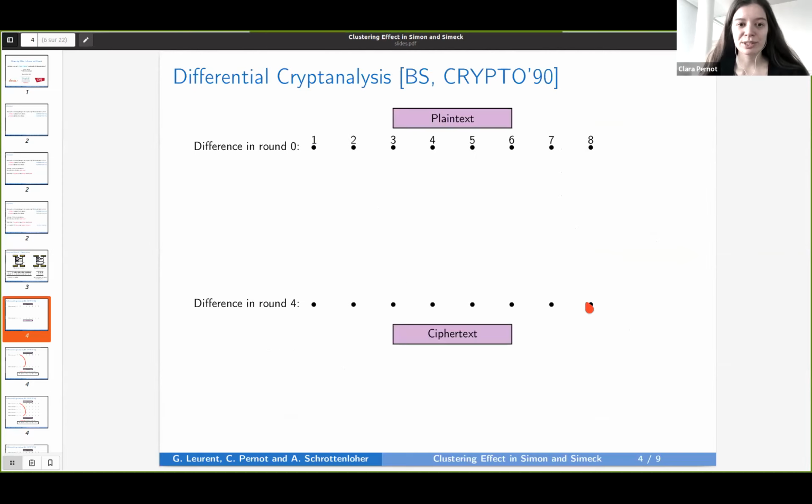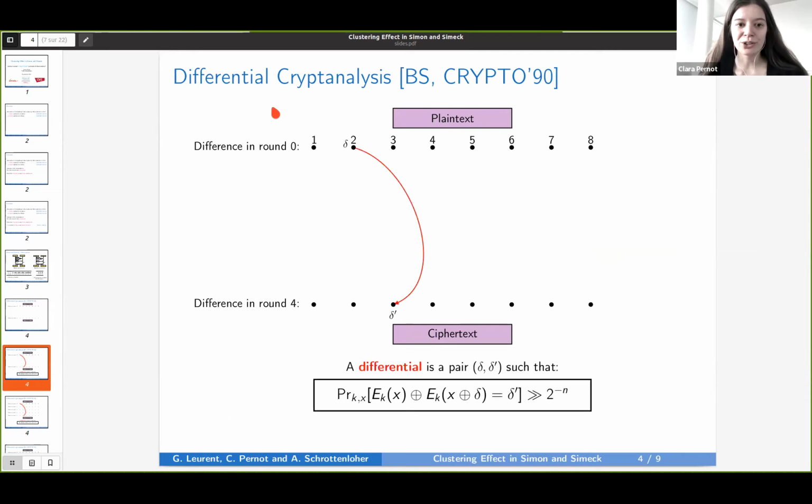In this work, we study differential and linear cryptanalysis. Here, I will talk about differential cryptanalysis, but a similar approach can be done for linear cryptanalysis. The goal of differential cryptanalysis is to find a differential, which is a pair (delta, delta prime), such that the probability that an input difference delta outputs a difference delta prime is bigger than 2 to the minus n, with n the block size.